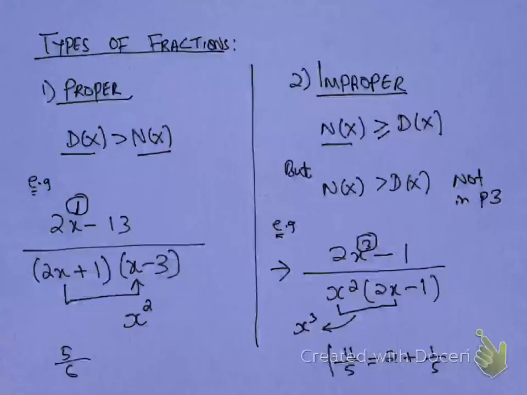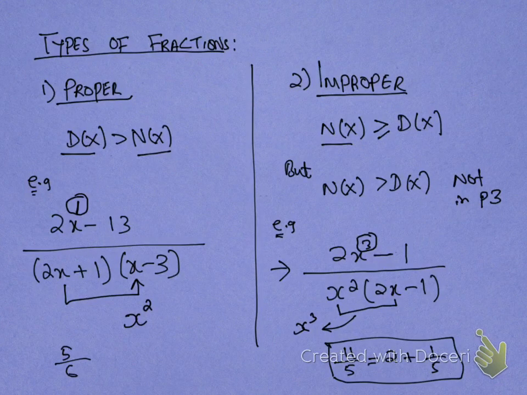An improper fraction is a sum of a positive integer and a fraction. Or improper fraction always starts with a constant. This is an example of a proper fraction.